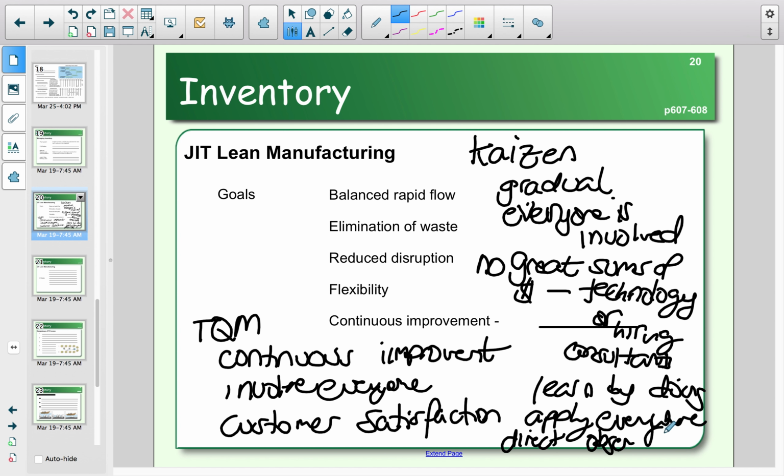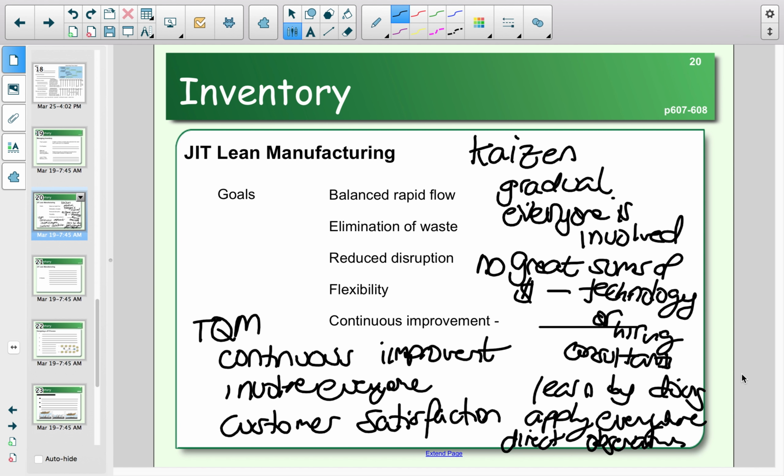So it's the people on the ground floor of our production process, seeing issues, identifying changes that can be made, applying them to the greater production process, and gradual small changes can have big impact. When we look at just-in-time lean manufacturing, the focus really is on reducing the level of inventory and reducing the level of waste. So continuous improvement is very important, so we need to improve that quality.